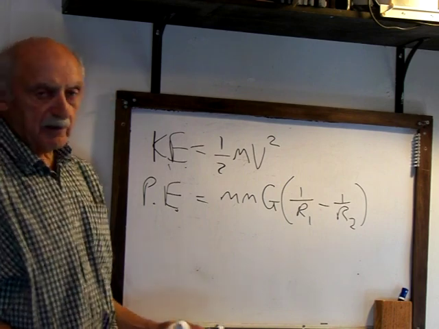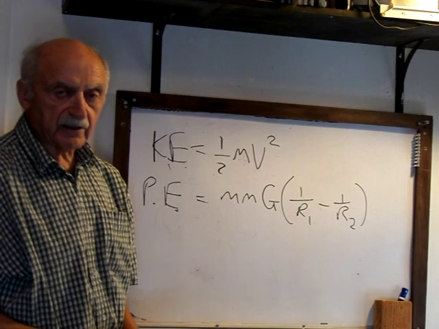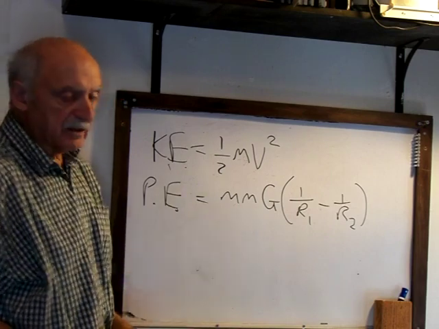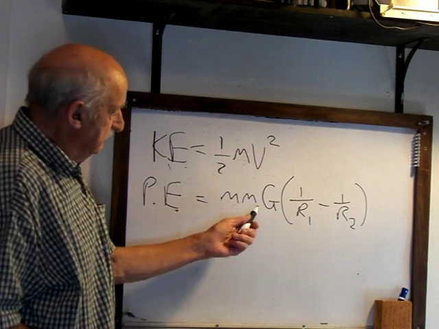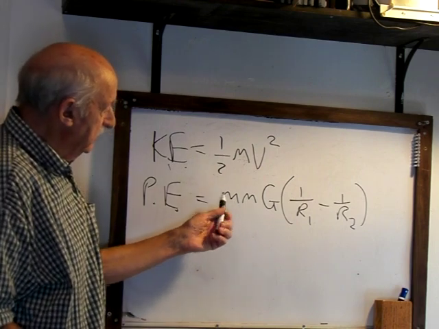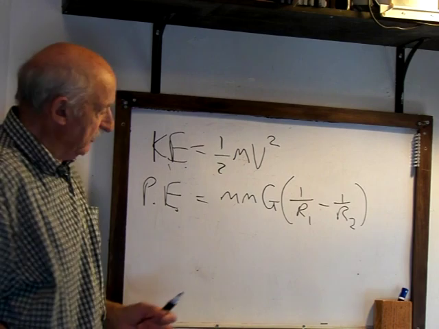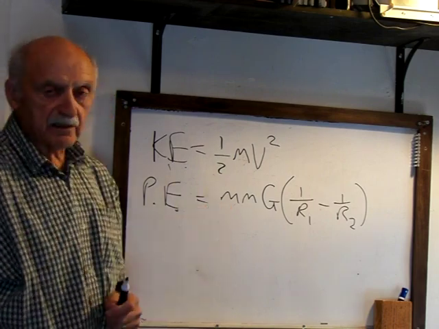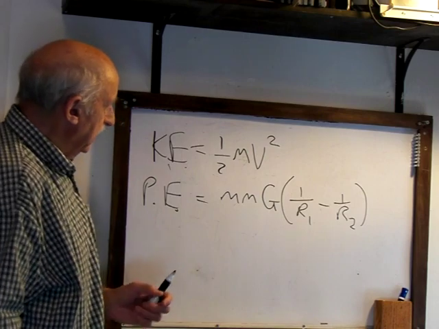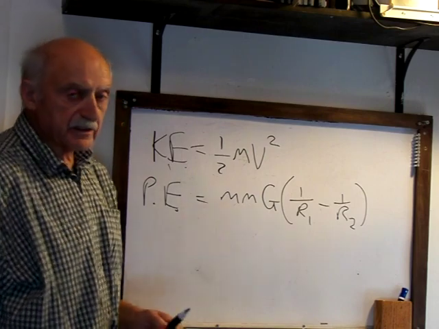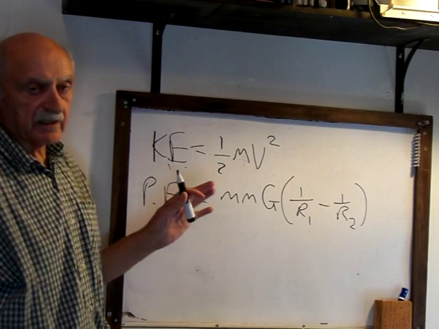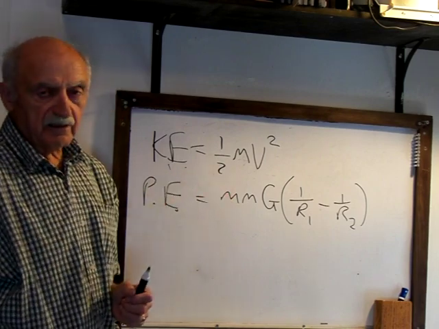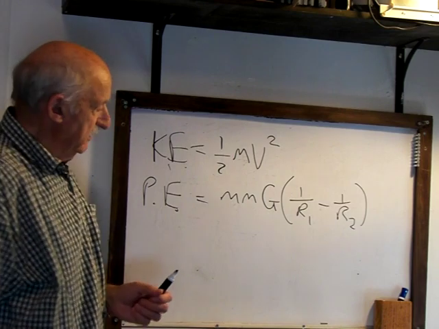Well, we found part of the answer to that in the last video, where we showed that G contains in its denominator the mass of the Earth, or the mass of the central body, which compensates for it. But that doesn't mean the Earth's mass does not enter into the potential energy equation.